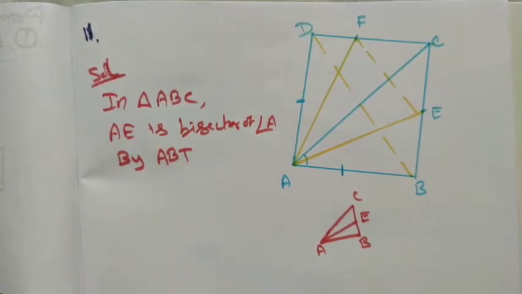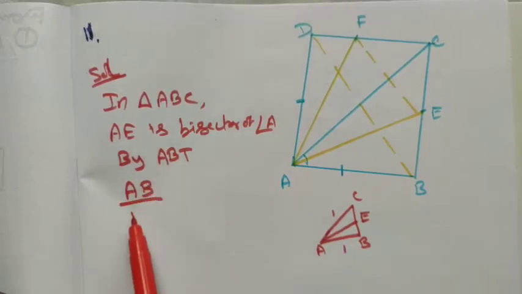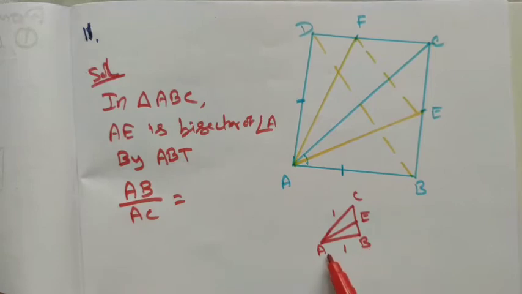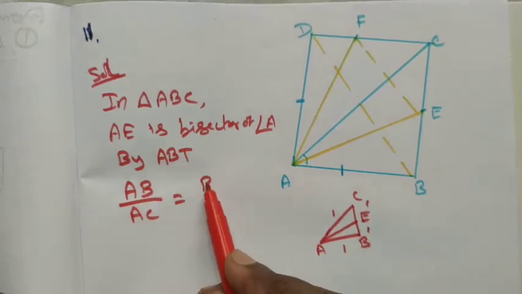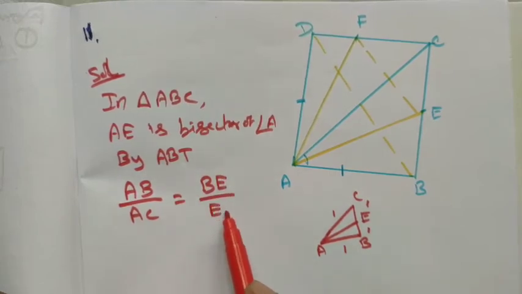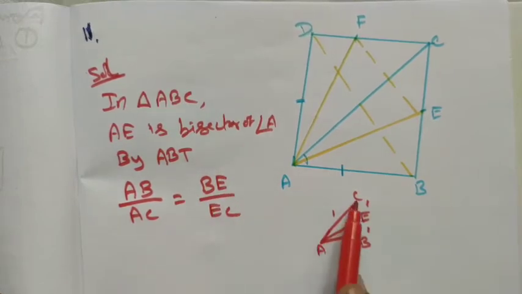We can write the formula: AB divided by AC is equal to BE divided by EC. I take this as equation number 1.